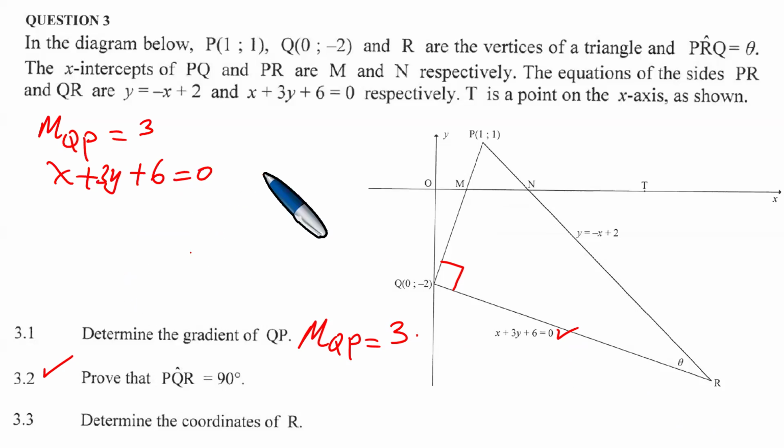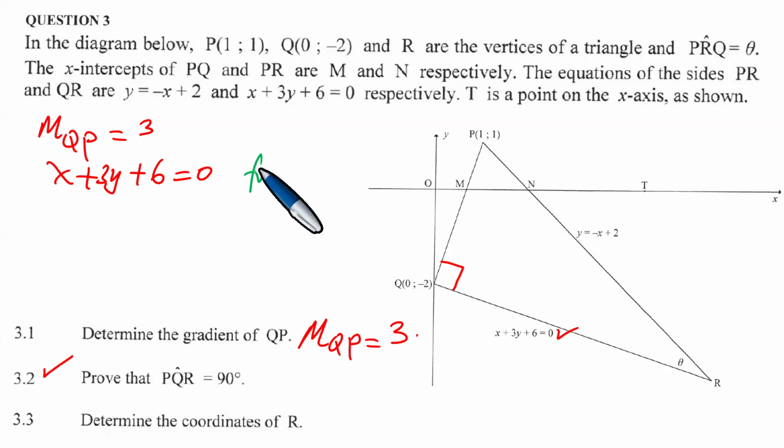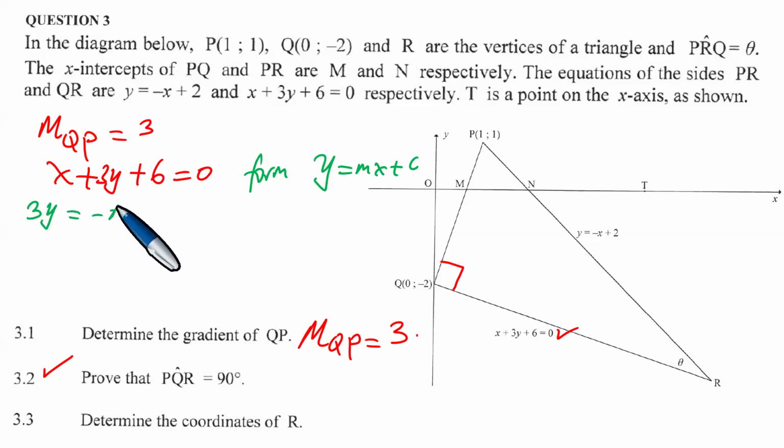We need to write this equation in the required form, y equals mx plus c. Now making y the subject, we have 3y equals minus x plus 6. So y equals minus 1 over 3 x, and you divide 6 by 3, obtaining a 2, like this.